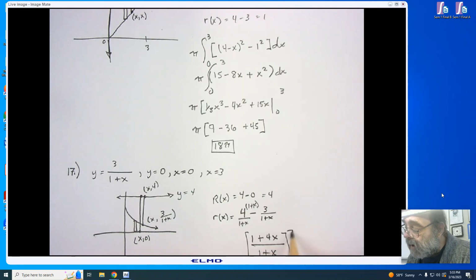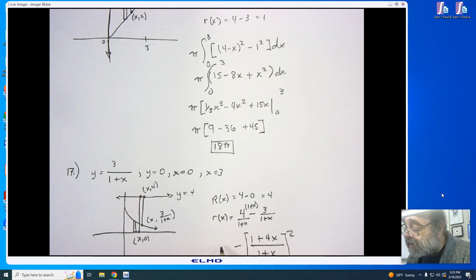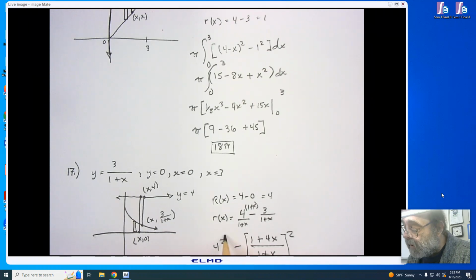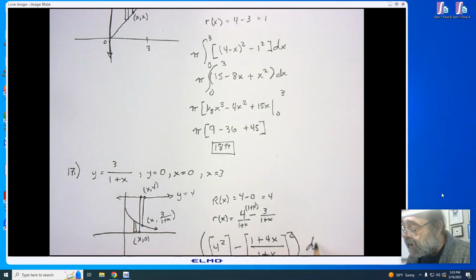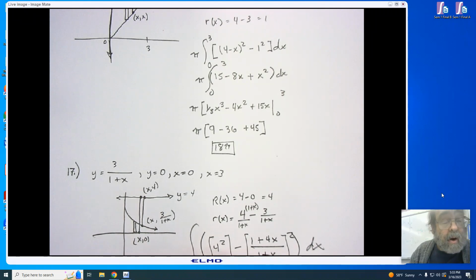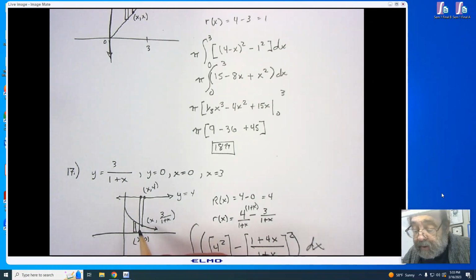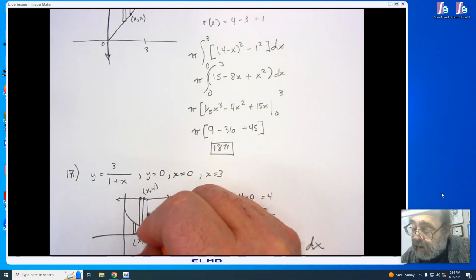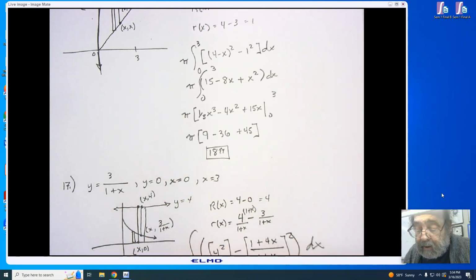Make sure we have this r of x squared, and it's being subtracted from 4 squared, dx, integrated. Let's see, this looks like it's 0 to 3 because our line is right here at x equals 3. So we're going from 0 to 3, multiplying by pi.